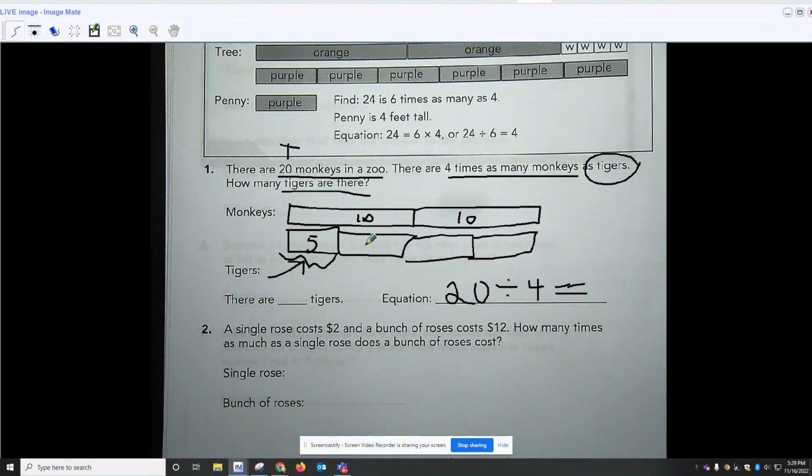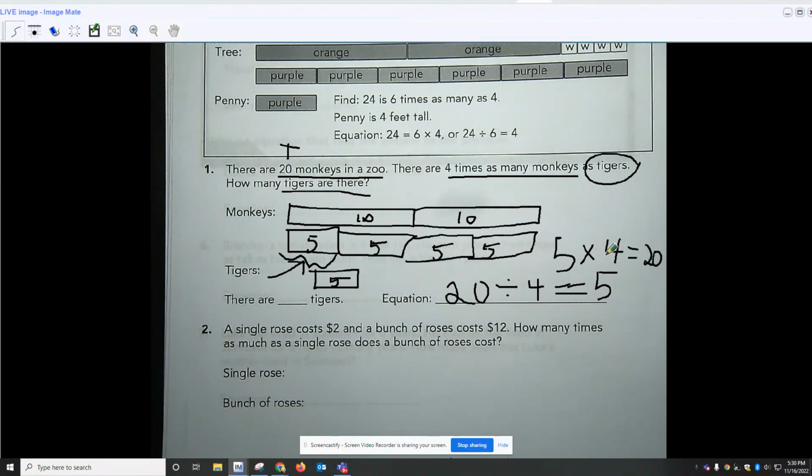This represents tigers. 5, 5, 5. So tigers is just 1, 5. Monkeys was 4 5s. I can also write the answer here now, which is 5. And if I wanted to, I could write a second equation. 5 times 4 equals 20.